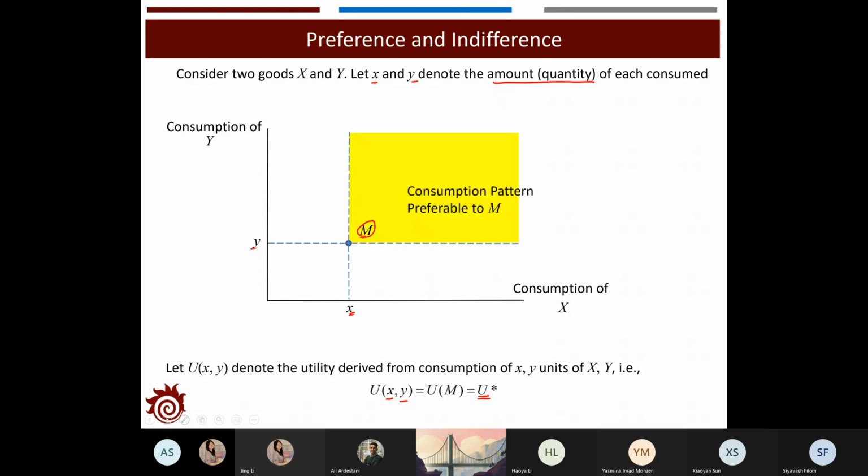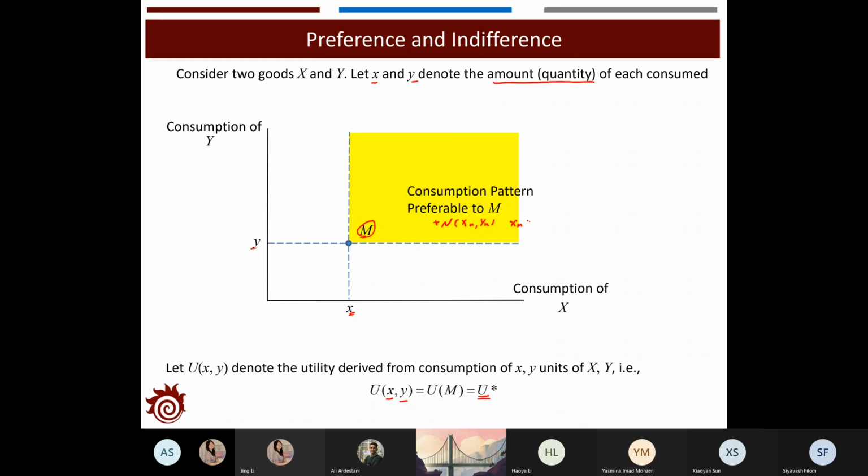And then we can define the region in this x and y plane for all the points. For all the points in the yellow region, it is called the preferred region. Which means that for any point here, I just say that this is a point n with xn, yn.